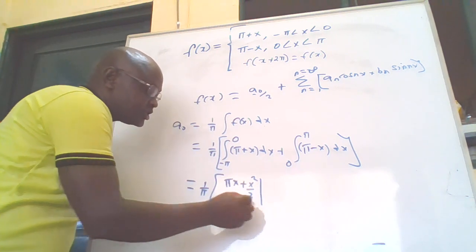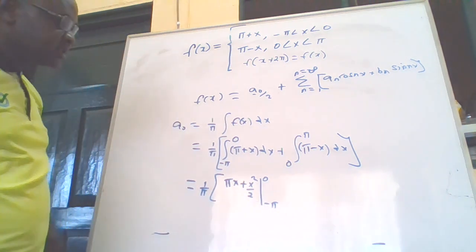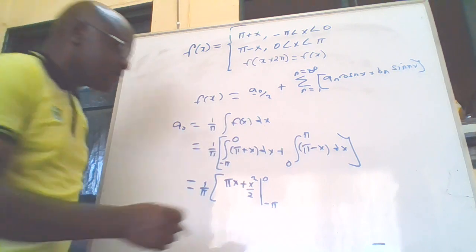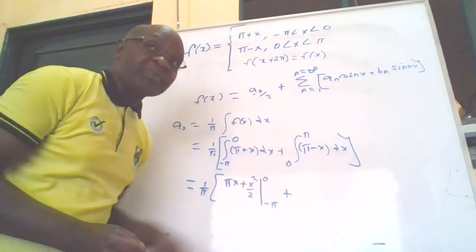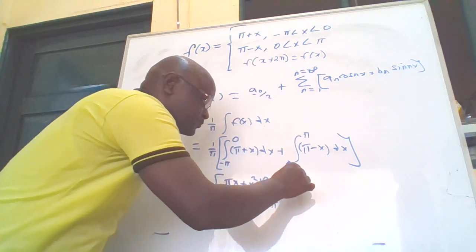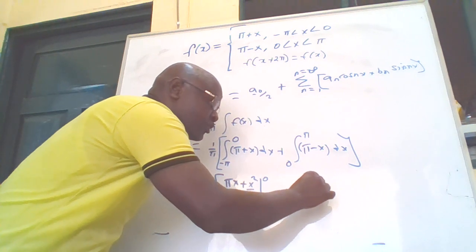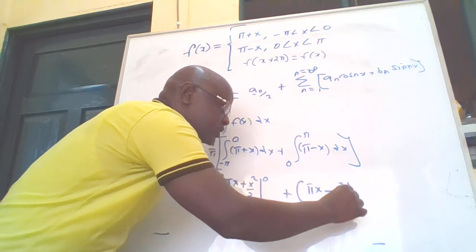But the range, we are integrating from negative pi to 0. So we have that. Then plus, when you integrate pi minus x with respect to x, of course we have pi x minus x squared all over 2.